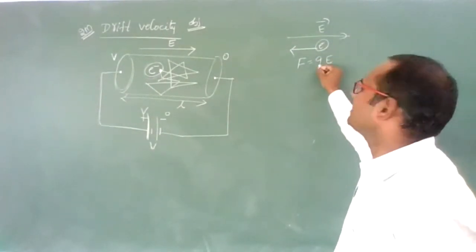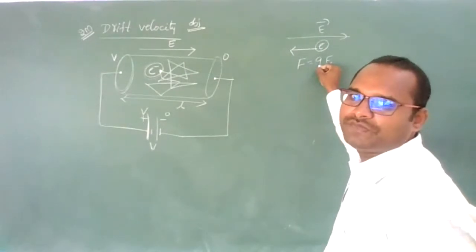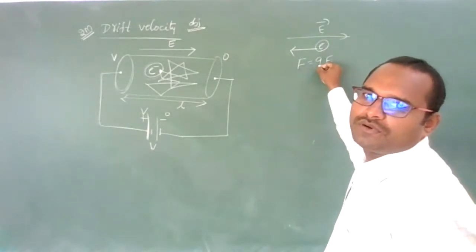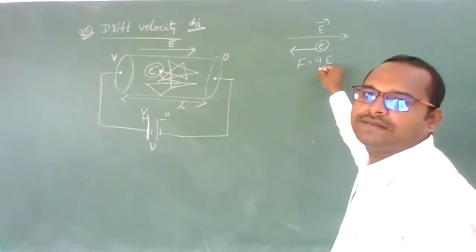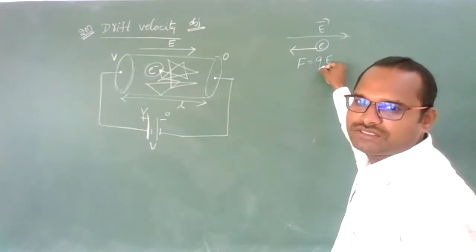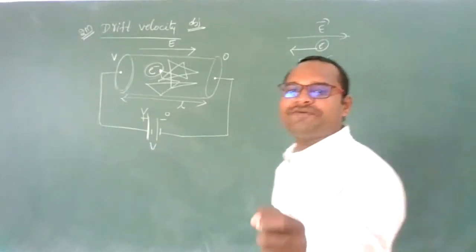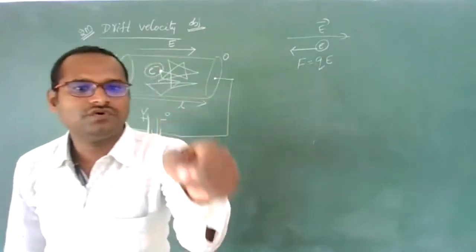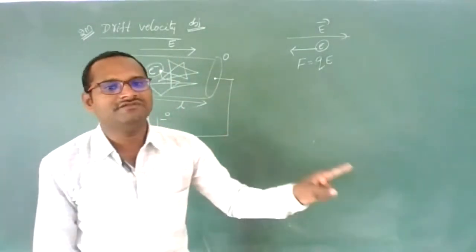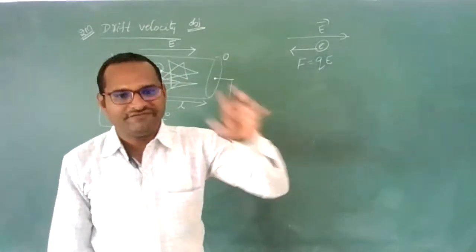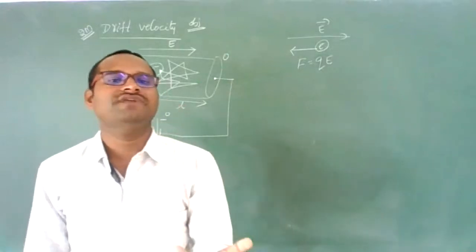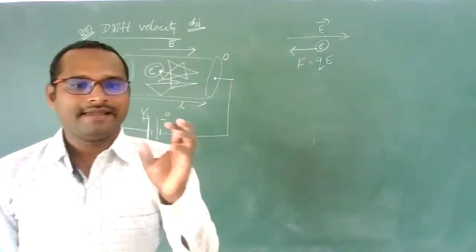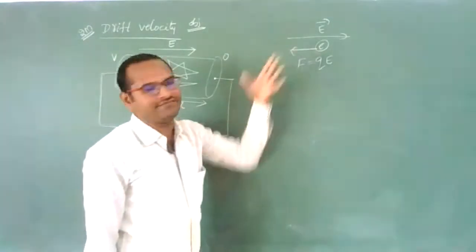Here for an electron, you keep the negative charge. If it is a proton, then positive charge. So if a proton is inside a uniform electric field, then the force acting on it will be QE, in the direction of the electric field. If an electron is there, then a force will act on that electron in the opposite direction to the electric field.